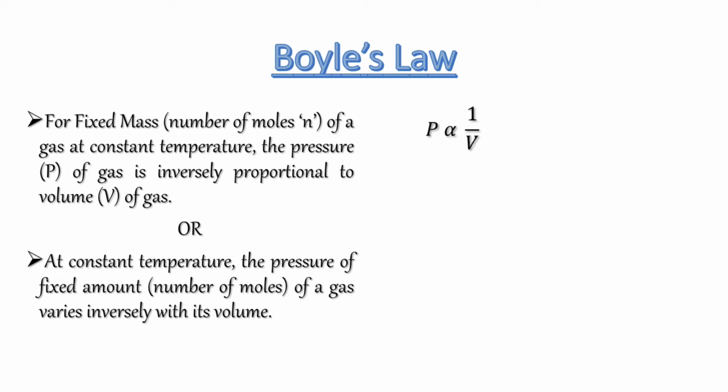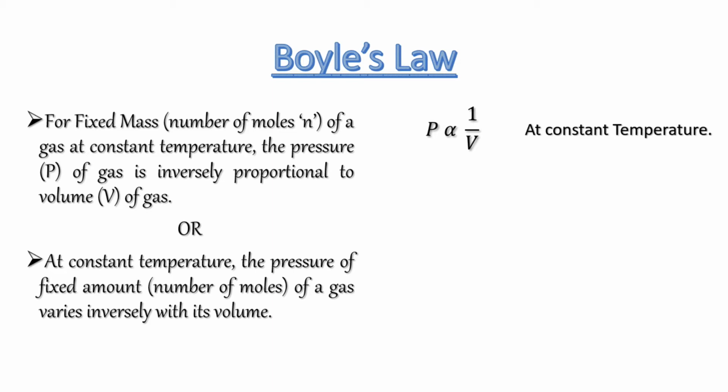That is, P is inversely proportional to V, where P stands for the pressure inside the system and V the volume of the system at constant temperature. While performing this experiment, the temperature of the system is kept constant so that we can observe the proper relationship between pressure and volume.